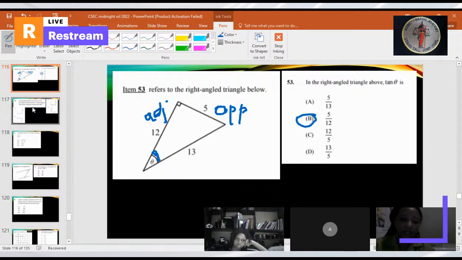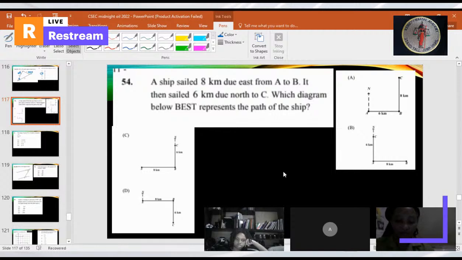All right. ASAR number 54. A ship sailed 8 kilometers due east from A to B. It then sailed 6 kilometers due north to C. Which diagram below best represents the path of the ship? From A to B, it went east.